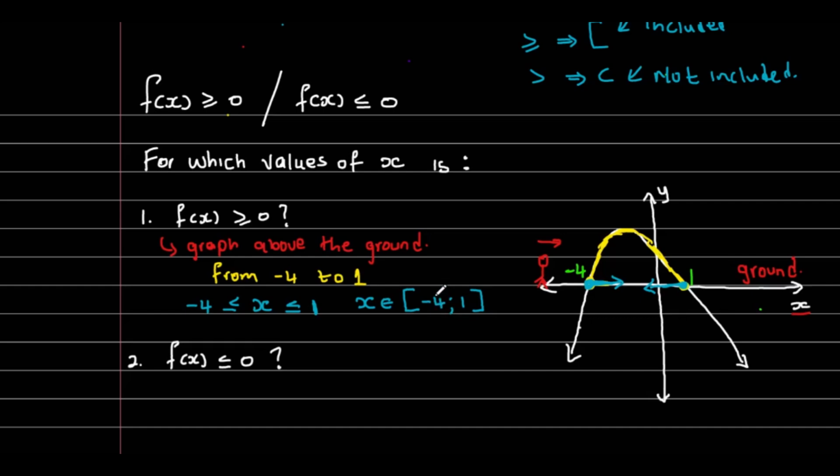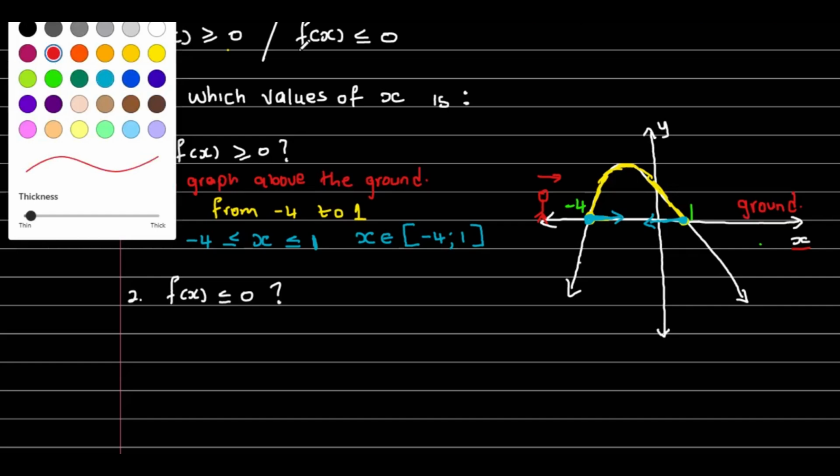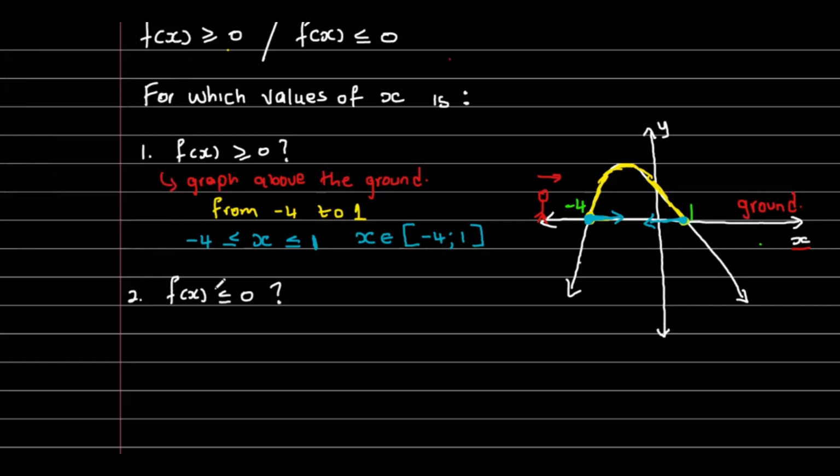Now we move to the next question, where they ask for which values of x it's f of x less than 0. So less than 0, they are asking where is the graph below the ground. Because they're asking where the y values are negative.